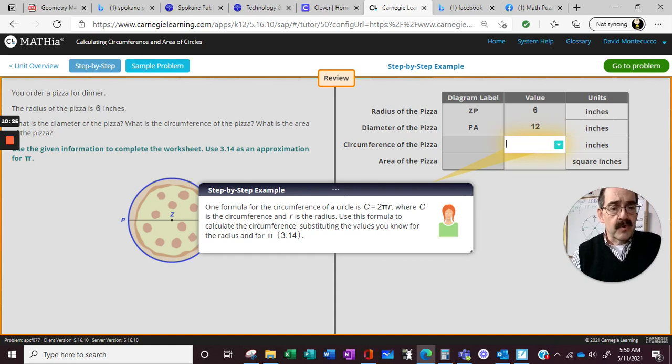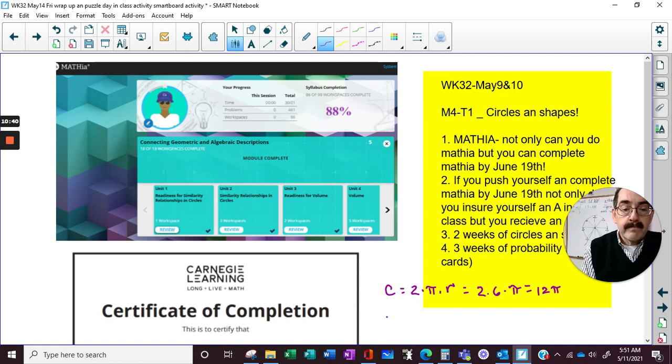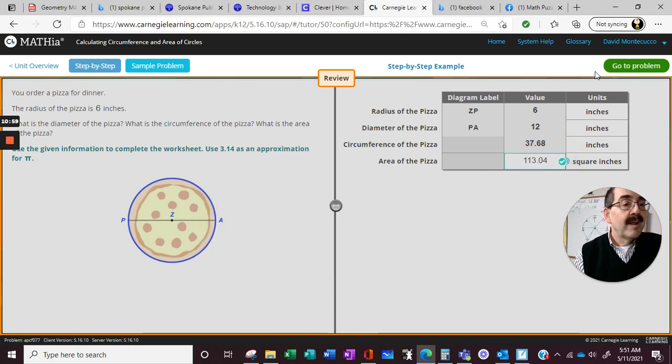The computer does it for you: 2 times 3.14 times r. Bingo, bingo, bango, bongo. Area. Now the area of a circle is pi r squared. So in this case, we're going to go 3.14 times r times r. Just type it in. Bingo, bango, bongo. There was the first problem.